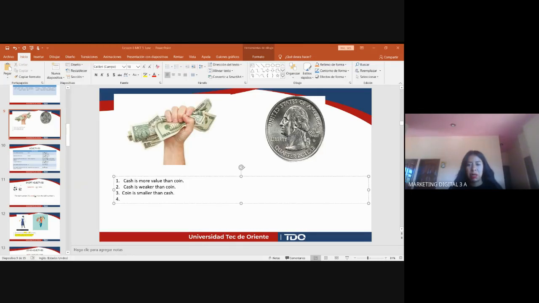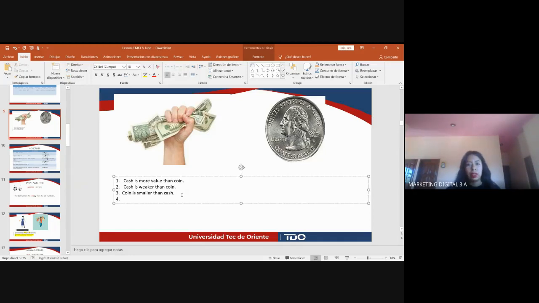El efectivo es más grande que las monedas. It could be, but I don't think so. But it's good. So, Mal, what can you tell me about these objects? So we have car is more valuable than coin. Cash is weaker than coin. Coin is smaller than cash.